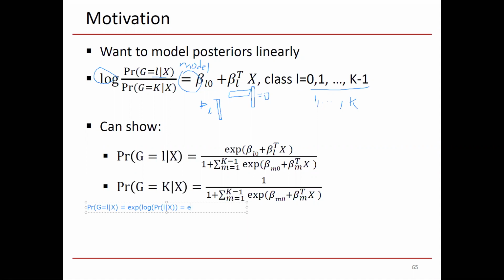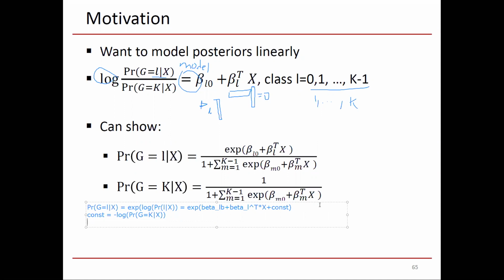And this is the exponent of beta L0 plus beta L transpose times X plus a constant. Now, what is this constant? This constant is equal to the negative log of what's in the denominator, the probability of G equals K conditioned on X. And we're going to incorporate that in a moment.